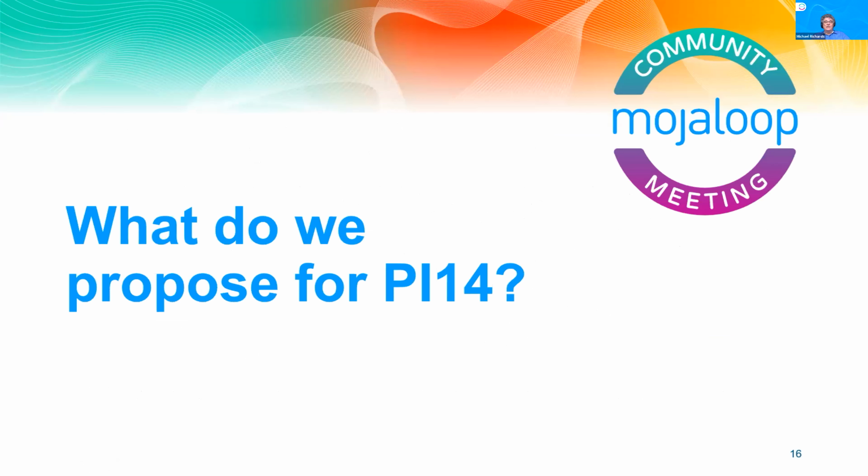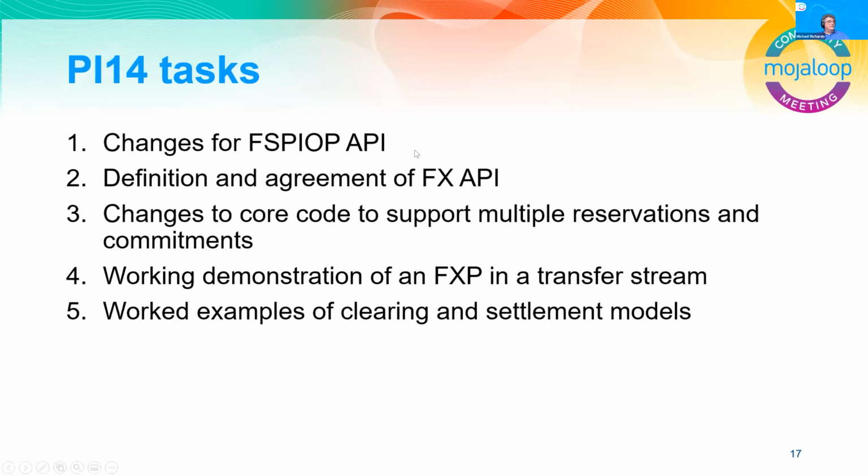For PI 14, we would like to do, first of all, the changes for the FSPIOP API that you saw on the last slide. Second, a definition and agreement of the foreign exchange API. Third, changes to the core code to support multiple reservations and commitments.